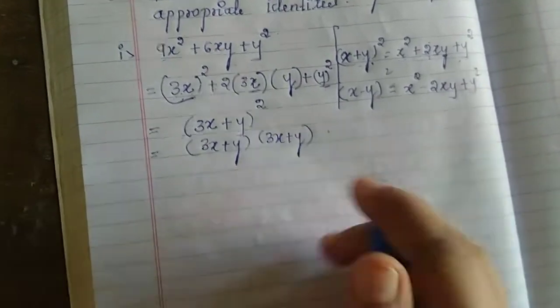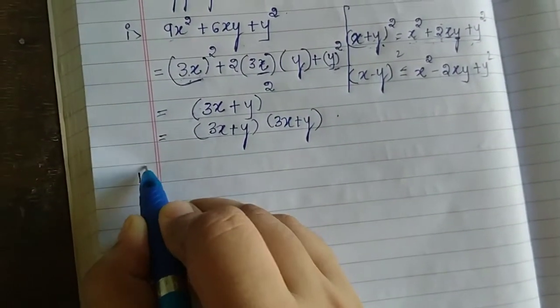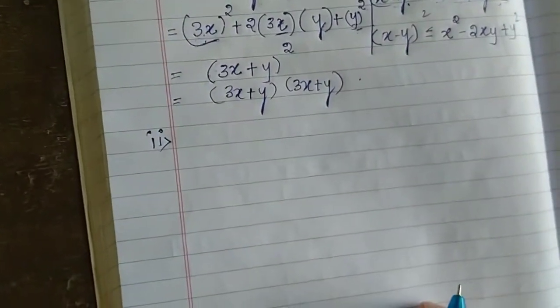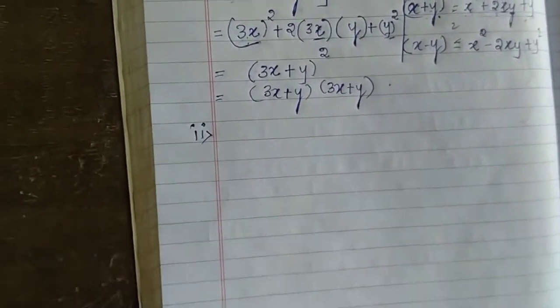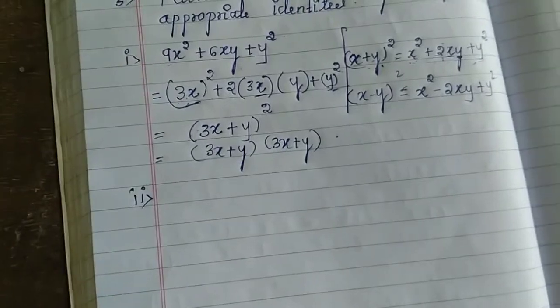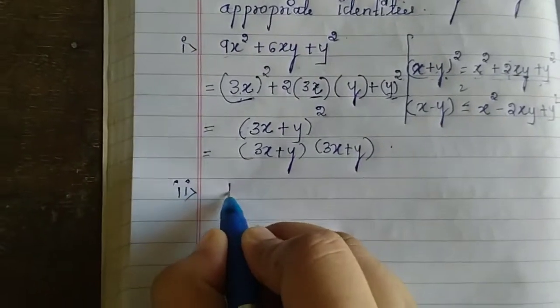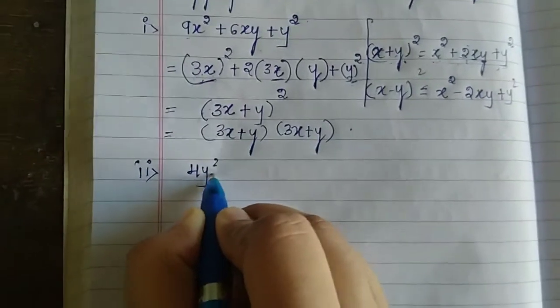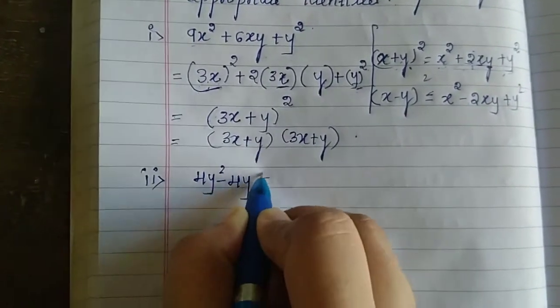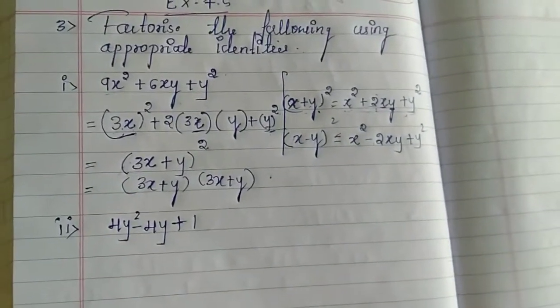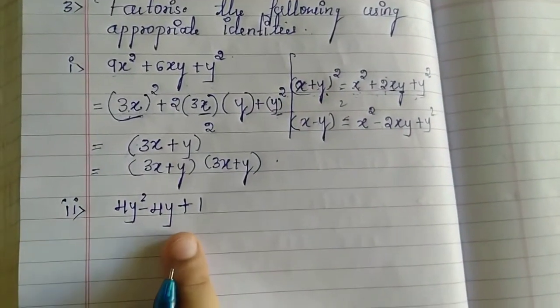Now the next question here I'm going to write over here. The next question is 4y square minus 4y plus 1. Now you can easily judge which identity is suitable for this question.